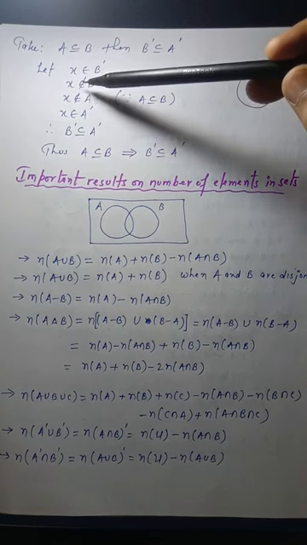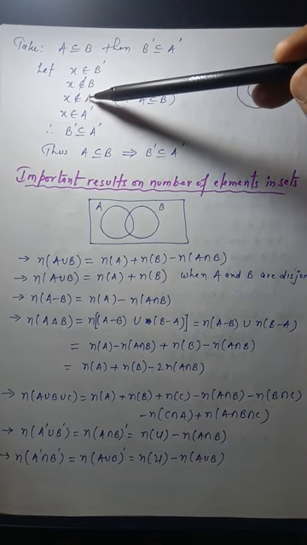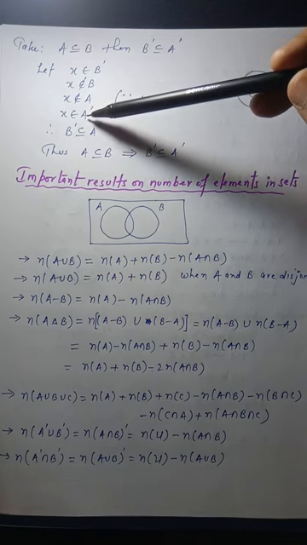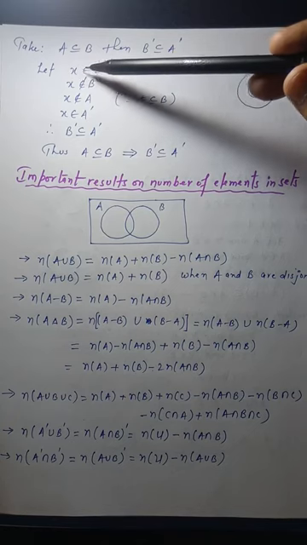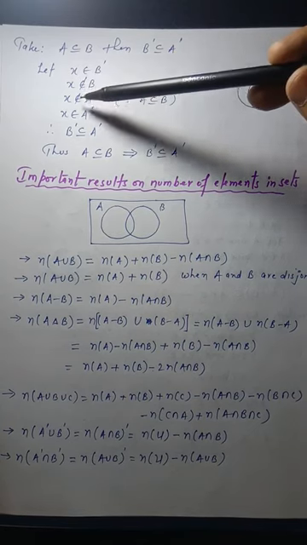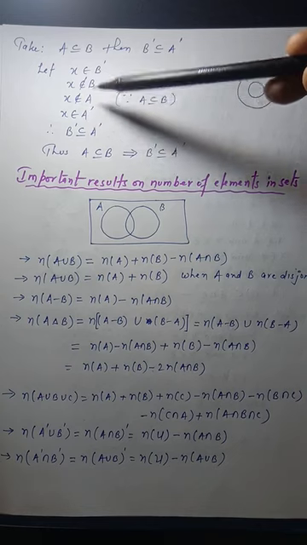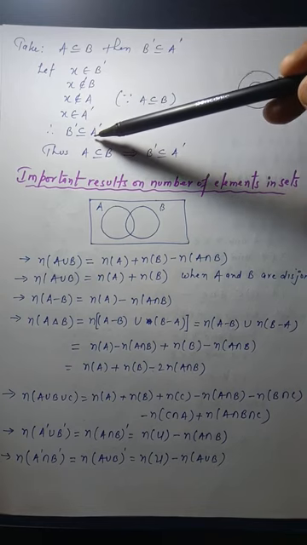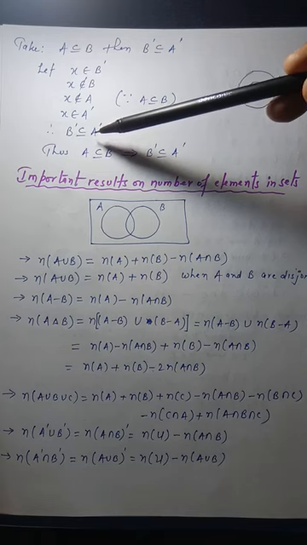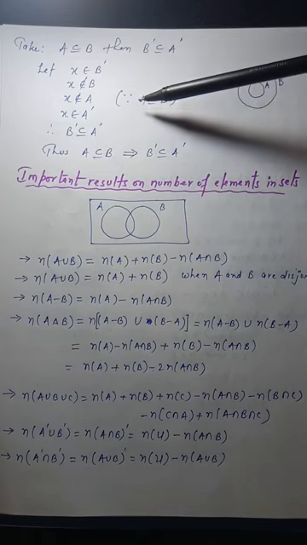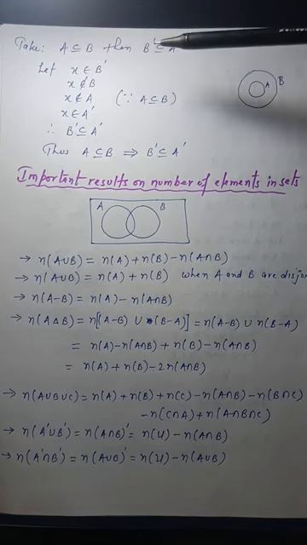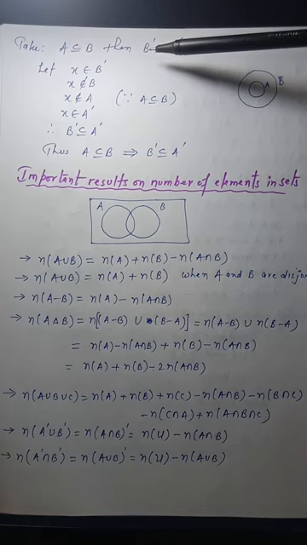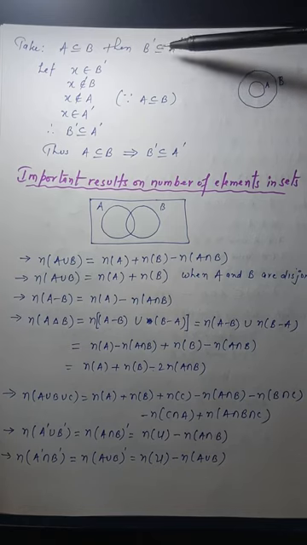So when X is not present in A, it means X is present in A dash. So now you can see if an element is in set B dash, and the same element is present in A dash, it means B dash is a subset of A dash. So this is a very special theorem, that when A is a subset of B, then in case of complement, this condition will be reversed, like B dash will be a subset of A dash.